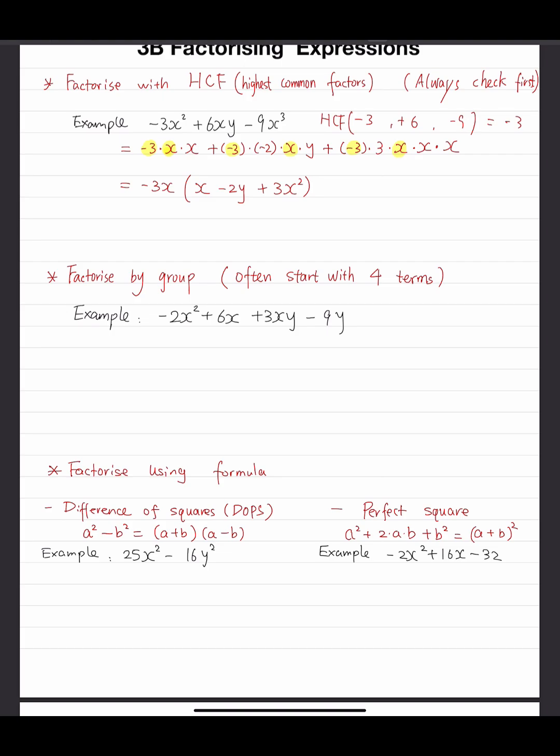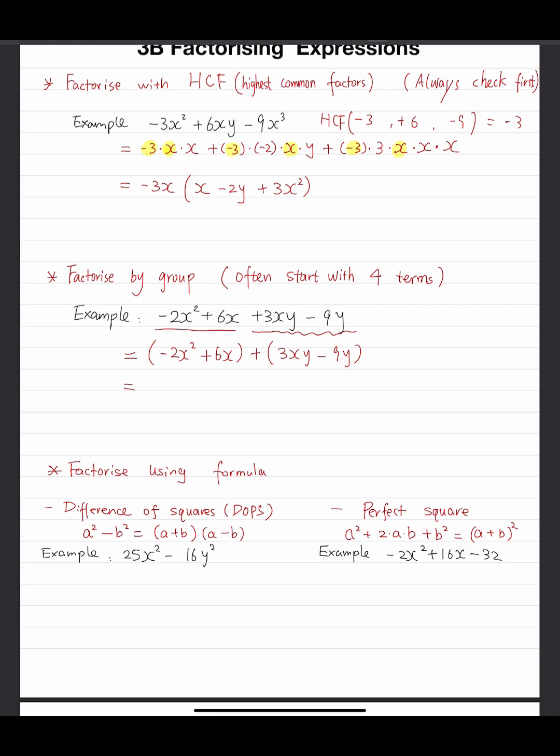So here, I'm going to group the first 2 and group the last 2. I'm going to first write a bracket to cover the first 2, and then another bracket to cover the last 2. All right, next step, we're going to take the highest common factor out of each bracket. Here I'm going to speed up a bit.